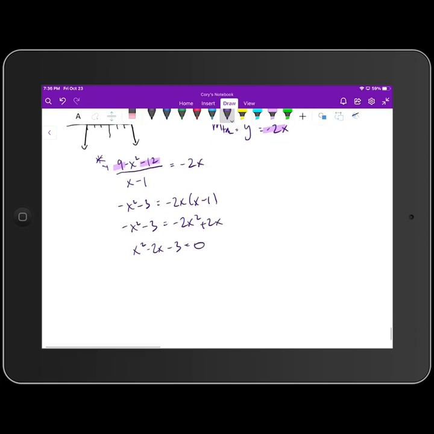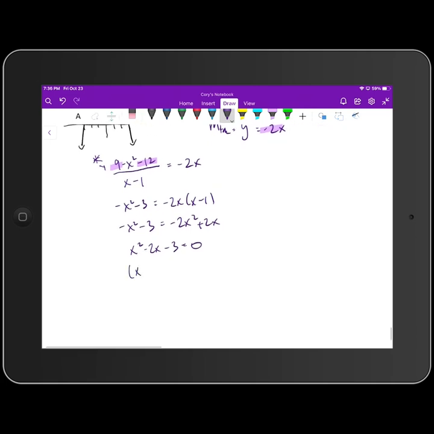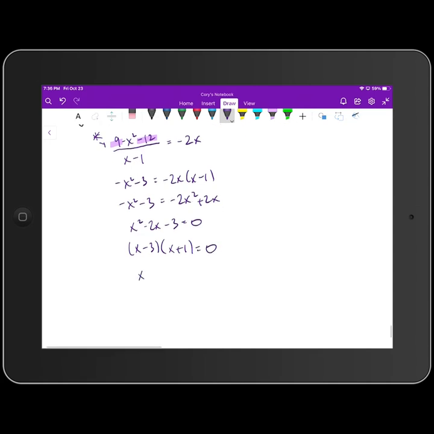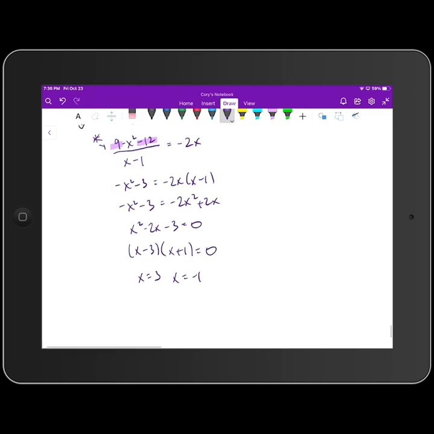And that equation is factorable. That factors to x minus 3 times x plus 1. And that's going to be x is equal to 3 and x is equal to negative 1. Okay, so those are going to be the 2 points of tangency.